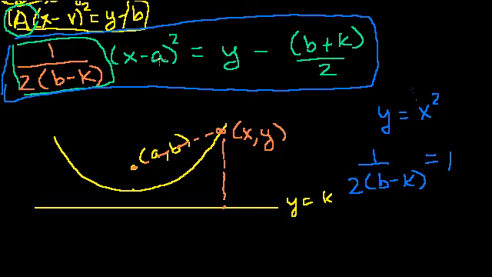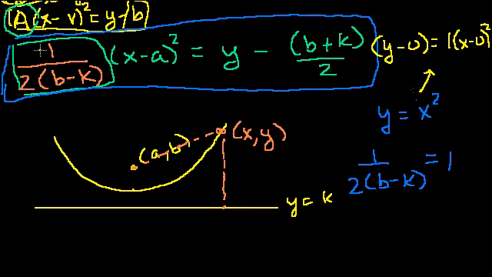What is a equal to? Actually, let me write it this way. I could rewrite this equation as y minus 0 is equal to 1 times x minus 0 squared. Now, hopefully, you see that this has the same pattern as this, although the y's and the x's are just sitting on different sides of the equation.